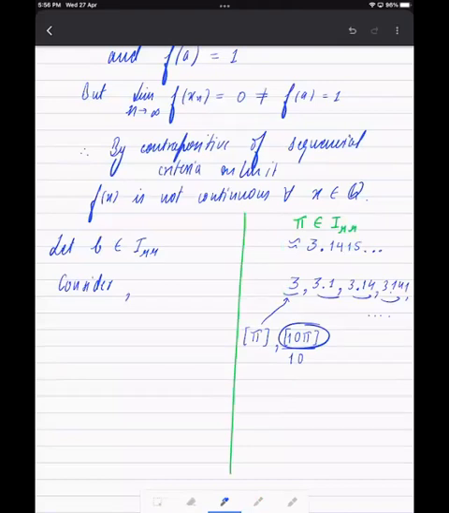The greatest integer of 10 pi will be 31. And 31 by 10 would be 3.1. Second term is obtained.